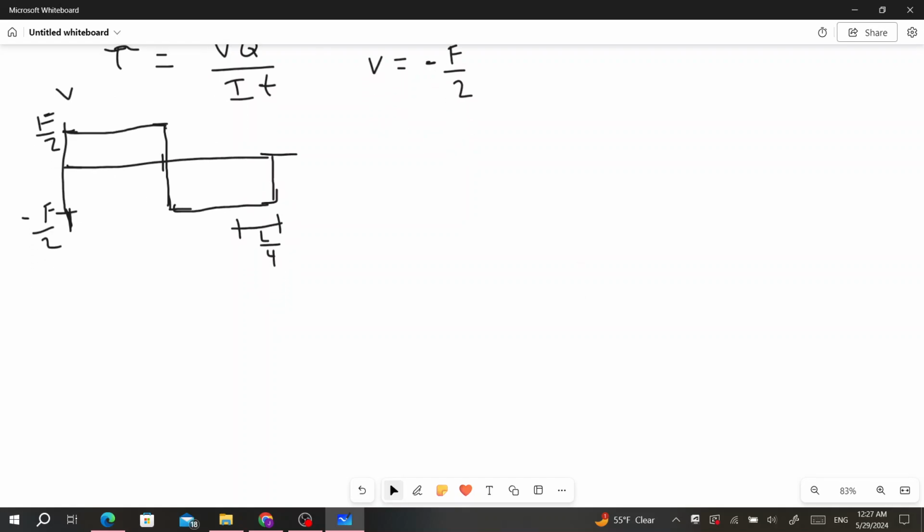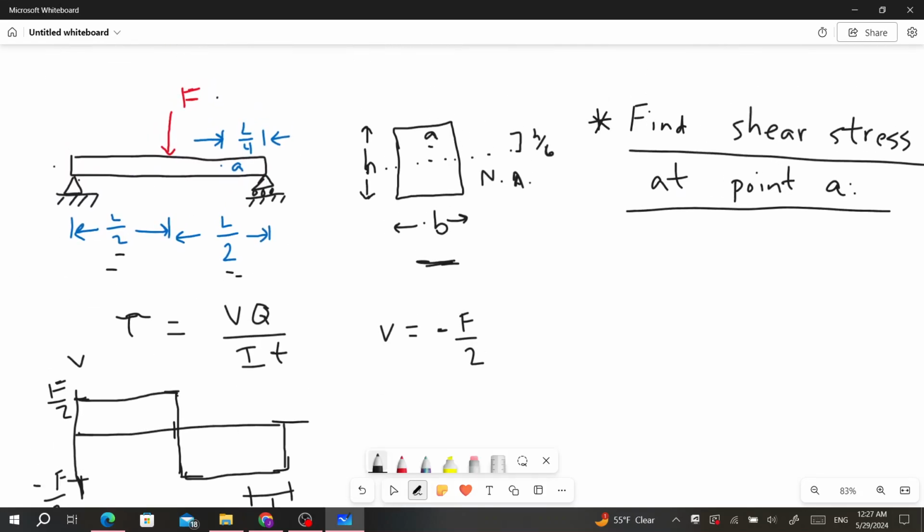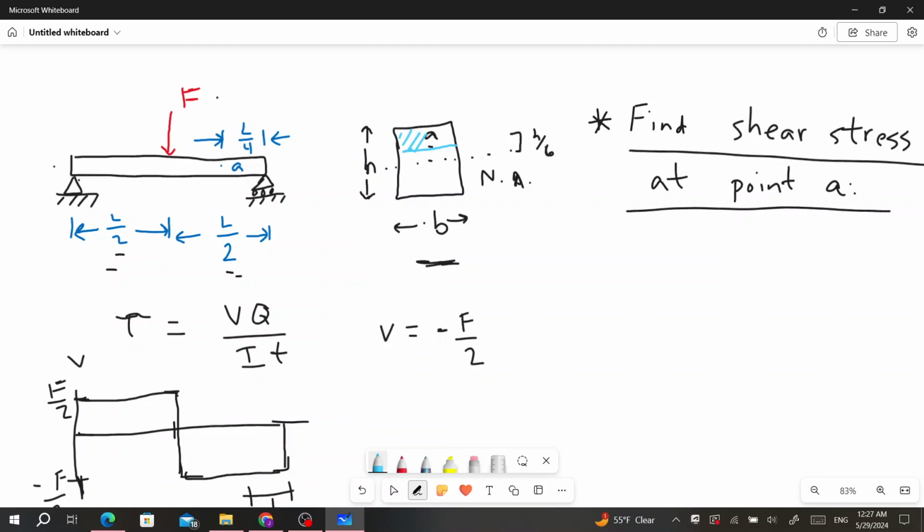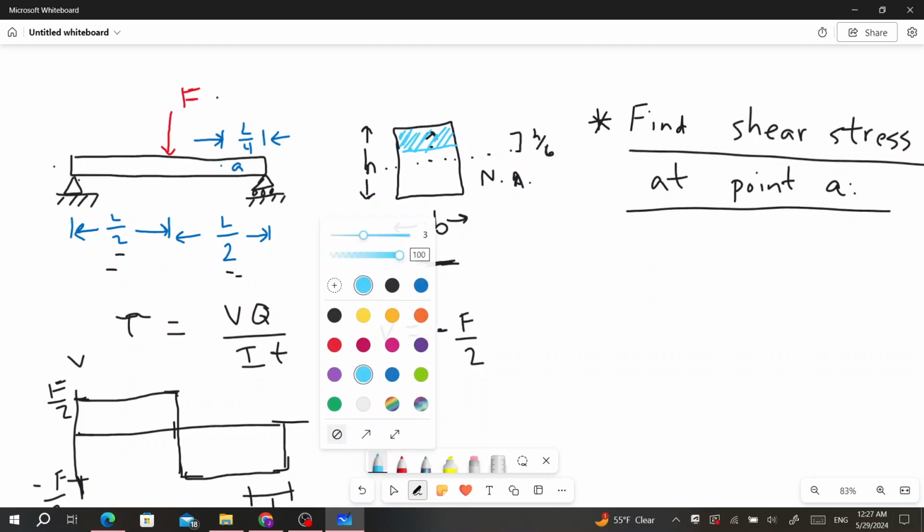We'll remember that Q is equal to the integral of y dA', where dA' is the area above the point of interest, or outside of that point of interest, right?